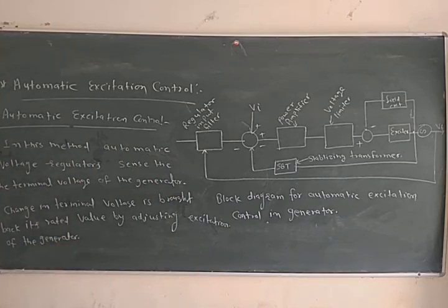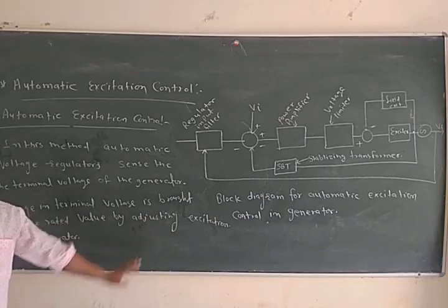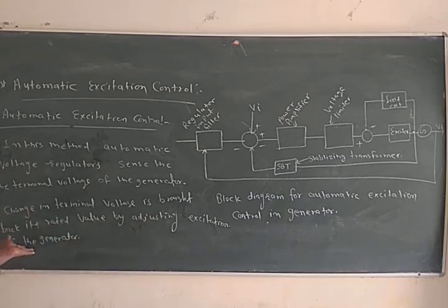Means by adjusting the excitation of the generator, we can compensate the change in terminal voltage, so that our terminal voltage becomes the rated value.